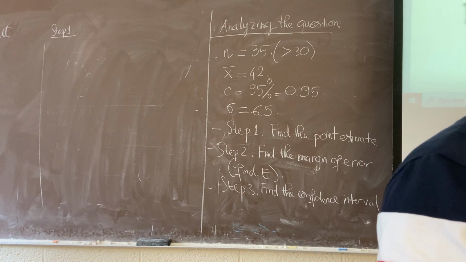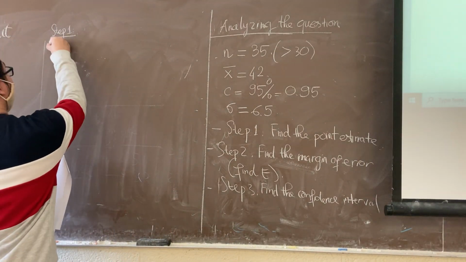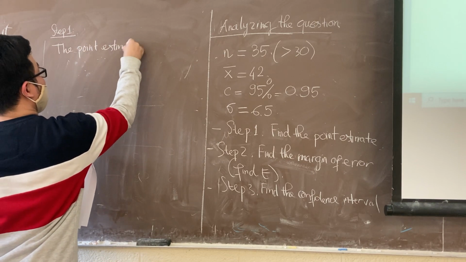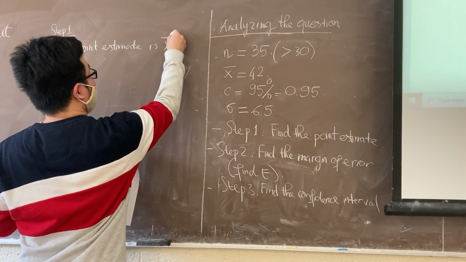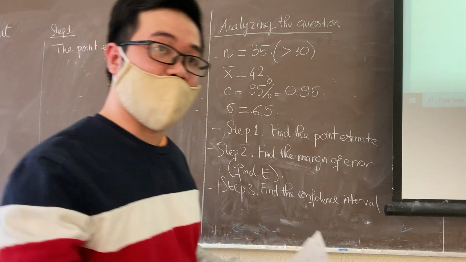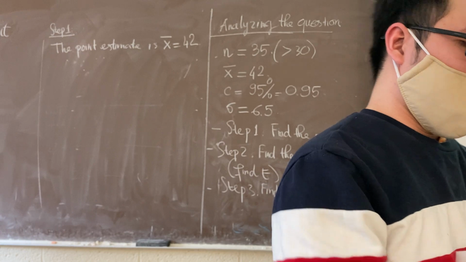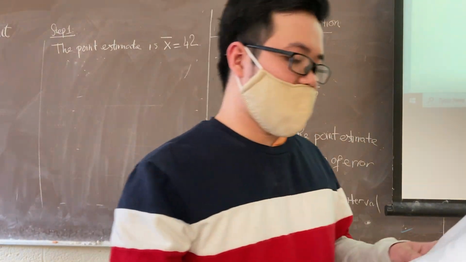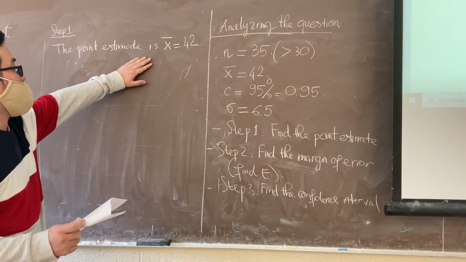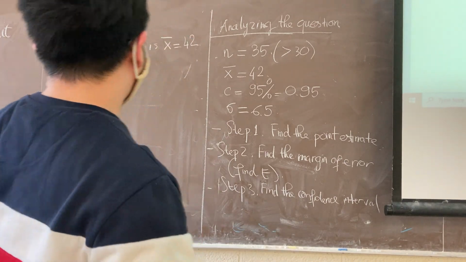So you can see that the point estimate here is exactly the sample mean. The sample mean here is 42. Is it clear? We apply the condition here. If it satisfies the 3 conditions, you can imply that the point estimate here is 42.